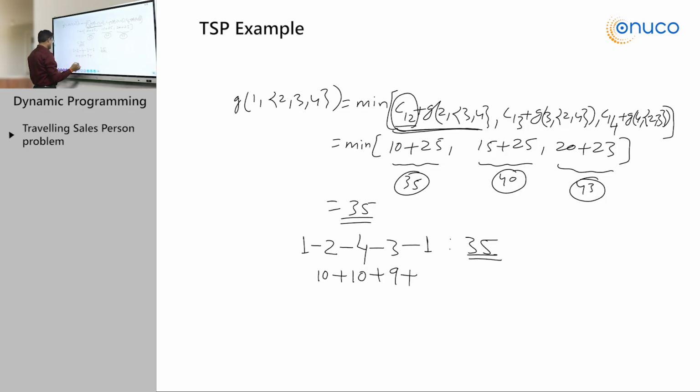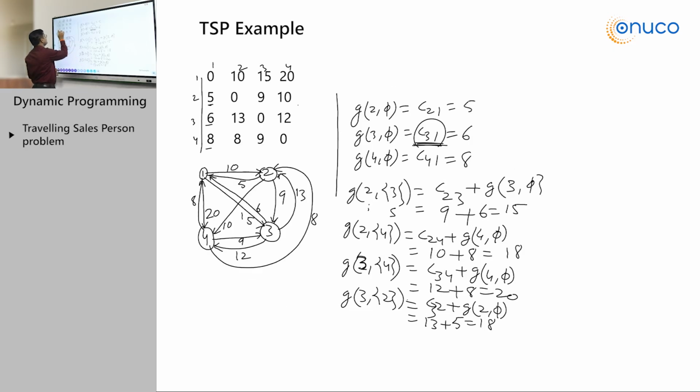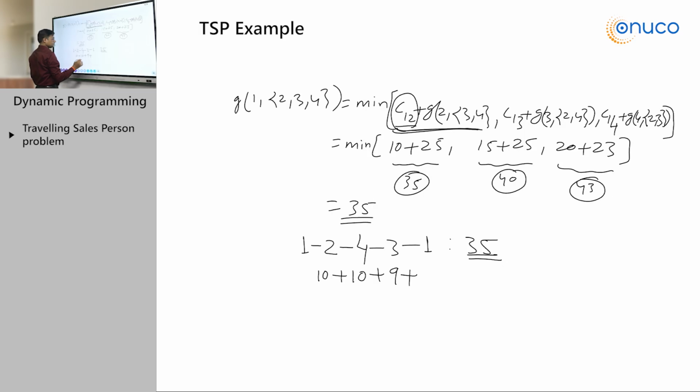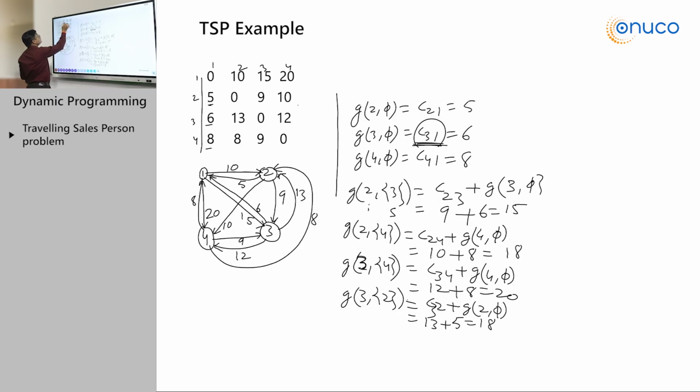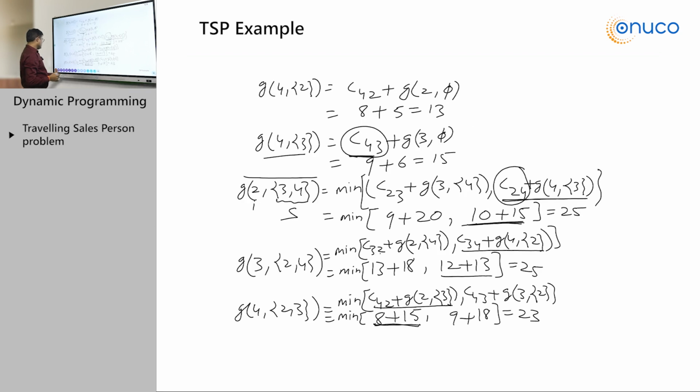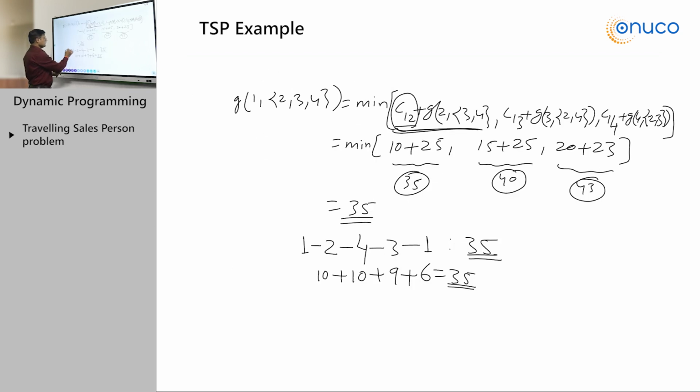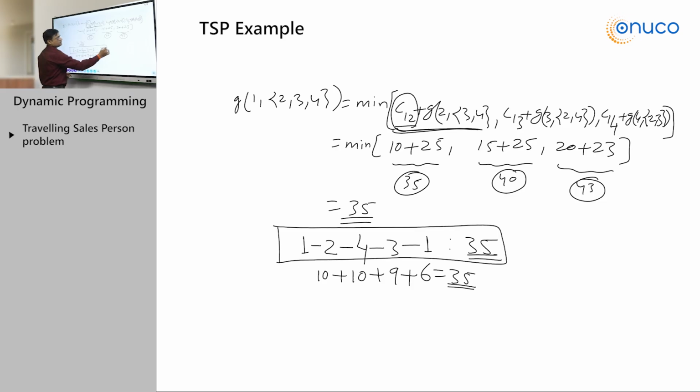Plus 3 to 1 is 6. So if you add this, it will give you 35. Right? So this is part of the optimal solution, and this is called the traveling salesperson, TSP, solution.